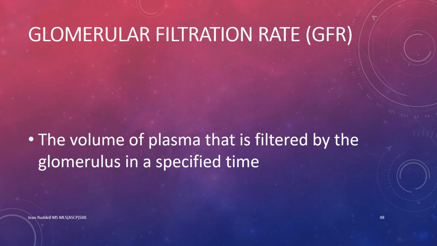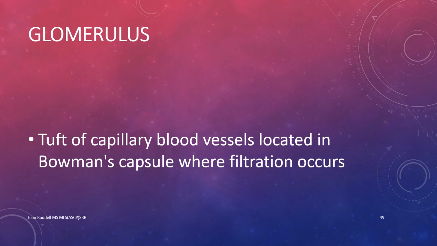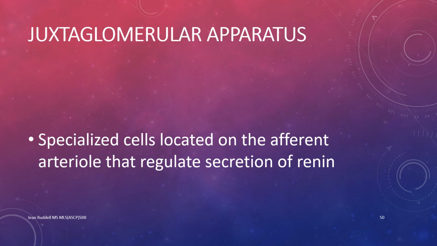Glomerular filtration rate, the volume of plasma that is filtered by the glomerulus in a specific time. Glomerulus, a tuft of capillary blood vessels located in Bowman's capsule where filtration occurs. Juxtaglomerular apparatus, a specialized cell located on the afferent arteriole that regulates secretion of renin.